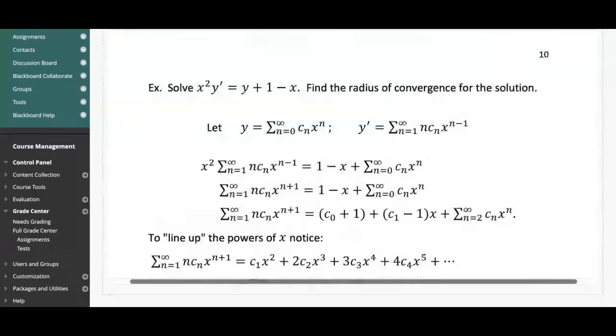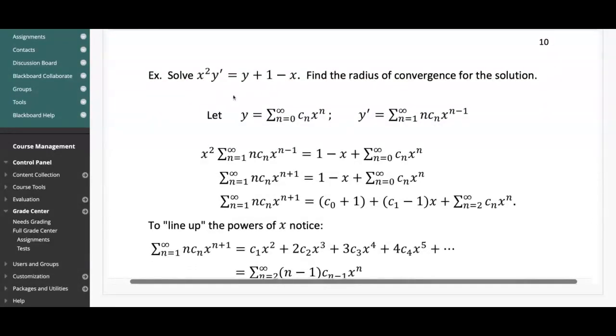Okay, let's see this example. I hope I did not make a mistake on this. We have x squared y prime equals y plus 1 minus x. So we want to find a solution, right? Then also the radius of convergence for the solution. We do the same thing. We say, okay, let the solution be a power series.